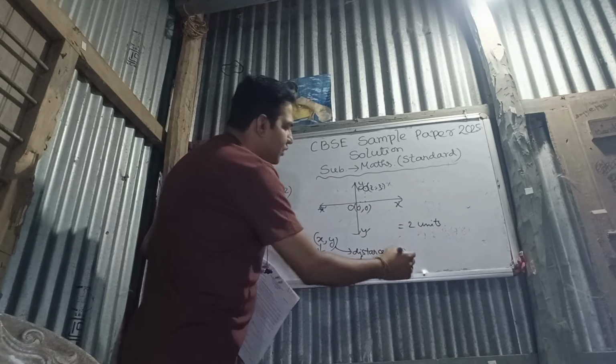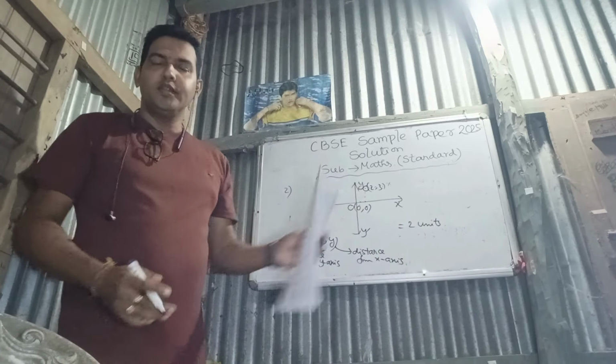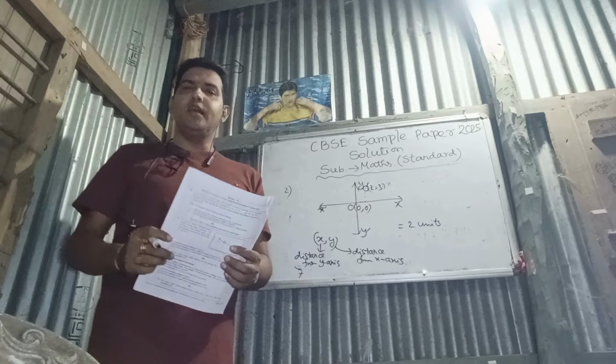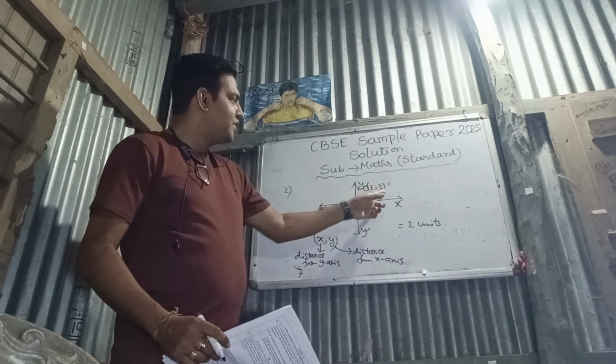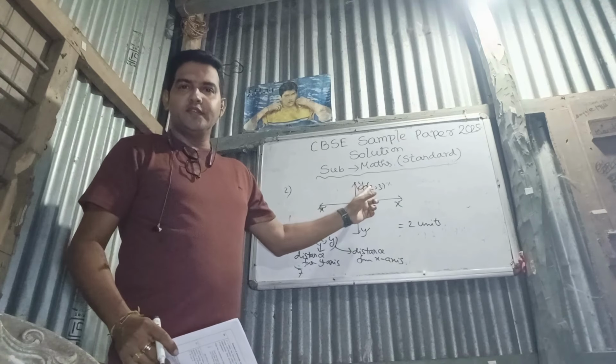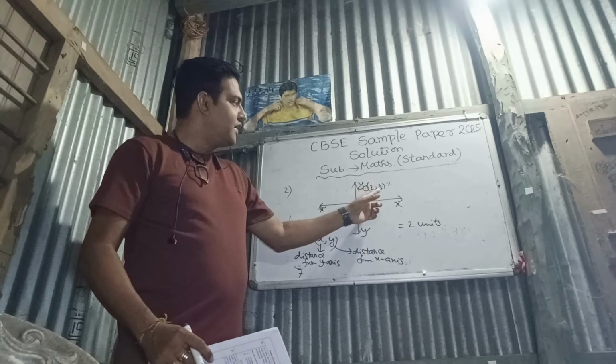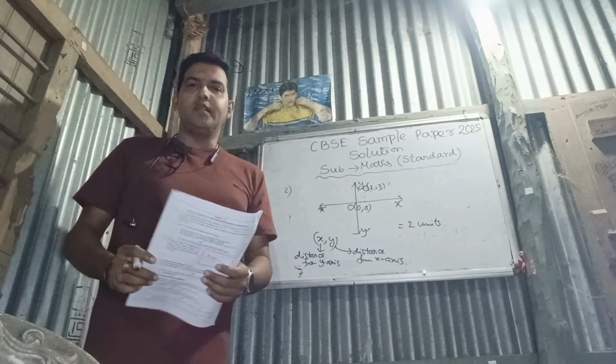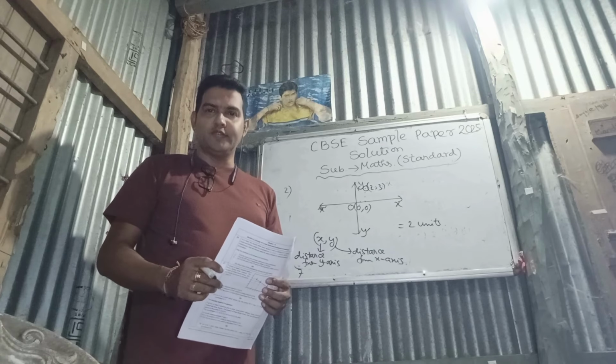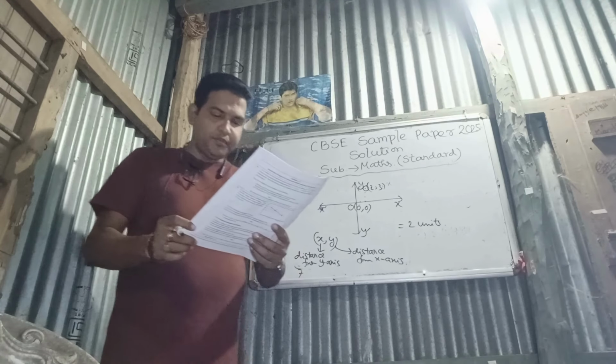So by doing so also, without constructing this Cartesian plane, we can easily answer. So 2, 3, 2 is the x coordinate, so that is the distance from y-axis. 3 is the y coordinate, that means 3 is the distance from x-axis.